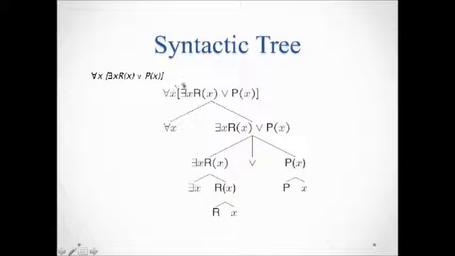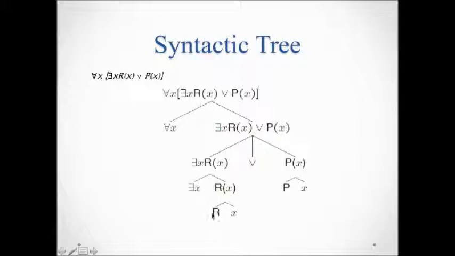I'm not going to go into details about the definition of this syntactic tree or how to draw it exactly, step by step, but it's pretty straightforward and self-explanatory. You simply separate the expression into branches.